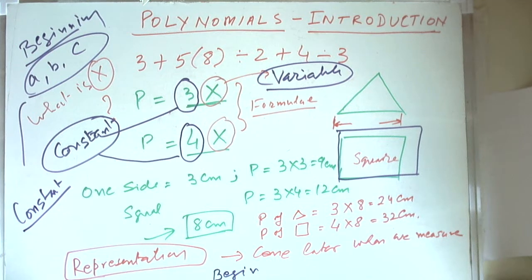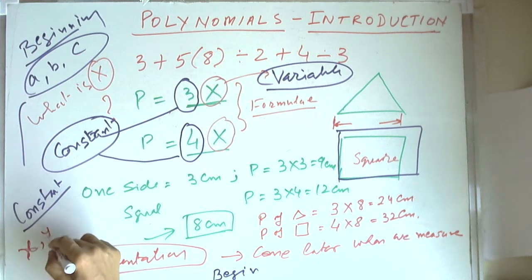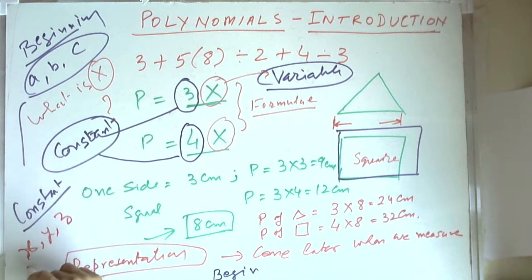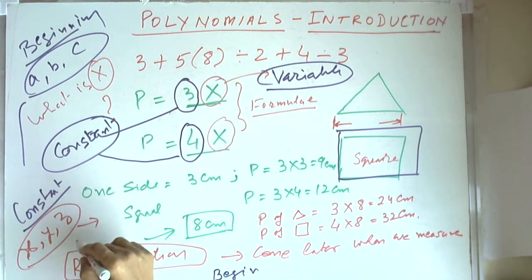And the ending letters of the alphabet are X, Y, Z. So they are used for variables.